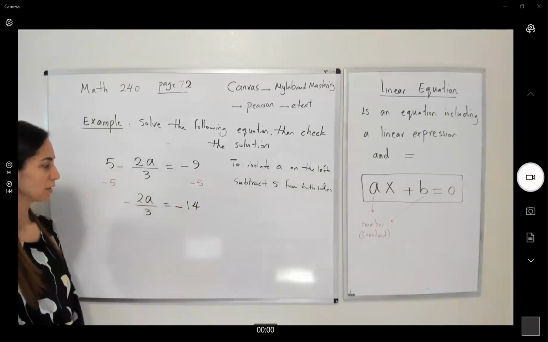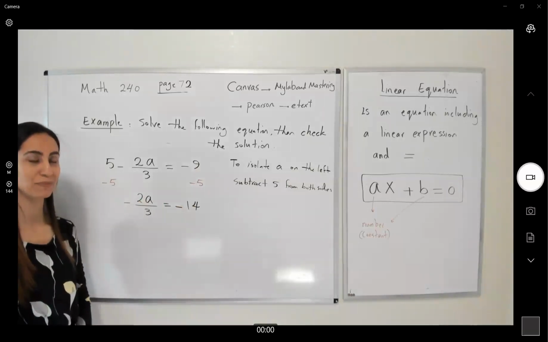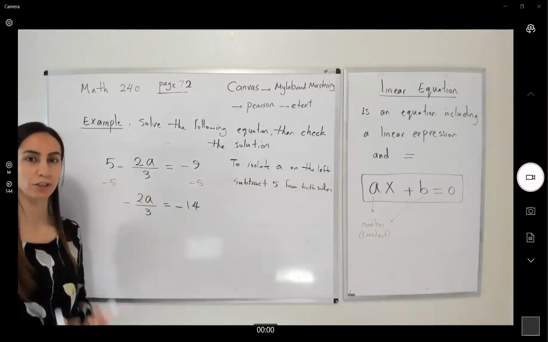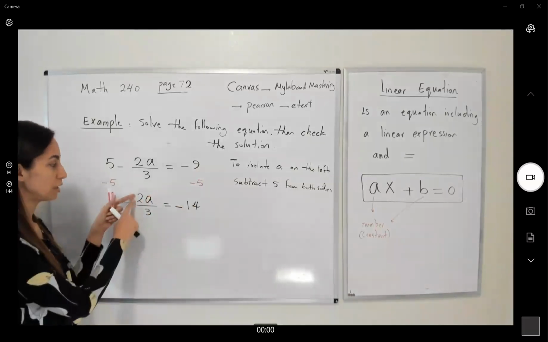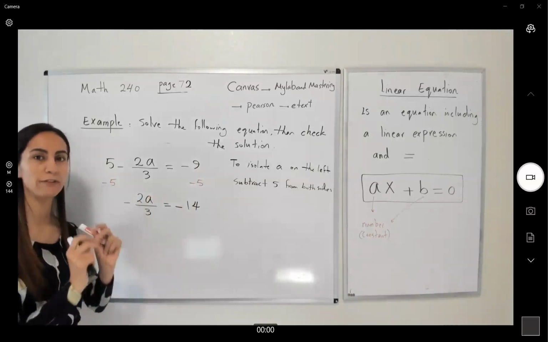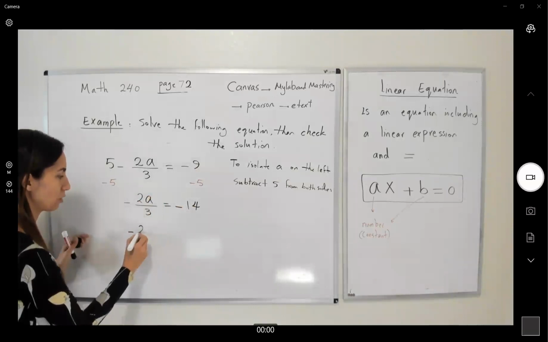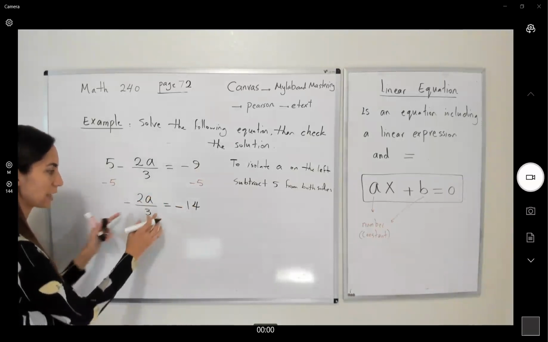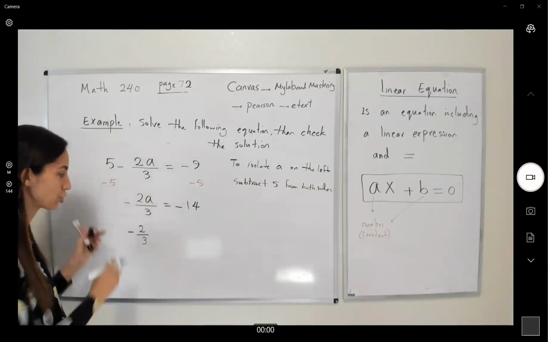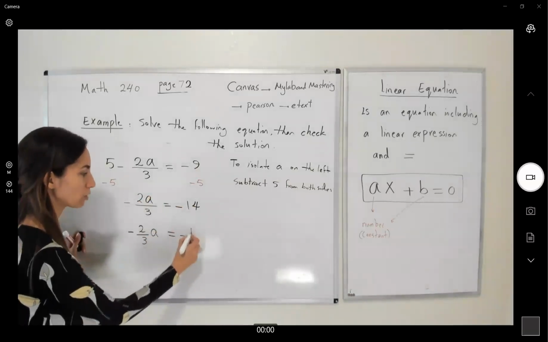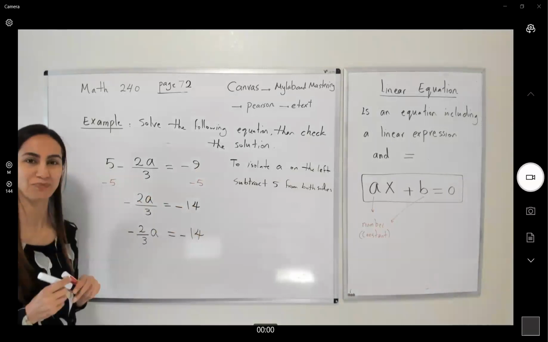Okay, what's the next step? Here you have 2a divided by 3, and it's multiplication of negative 2/3 and a. So this expression on the left-hand side is actually negative 2/3 times variable a equals to negative 14.